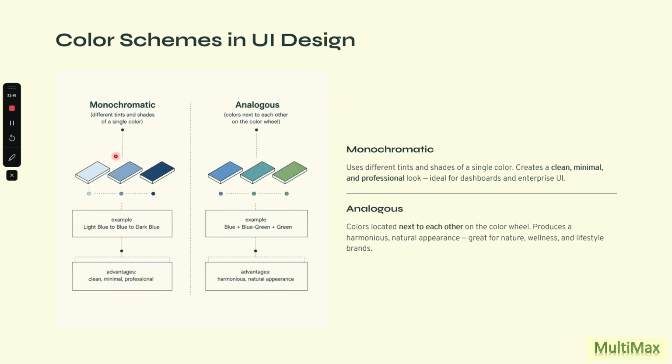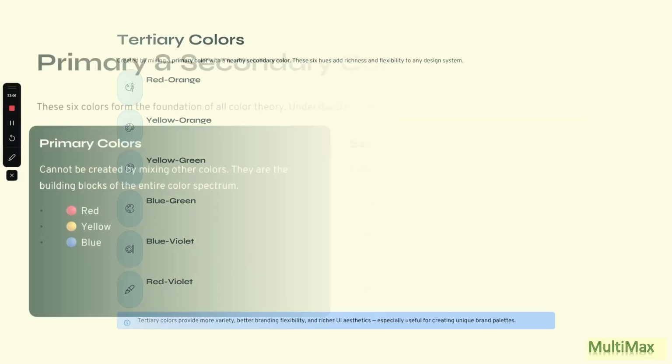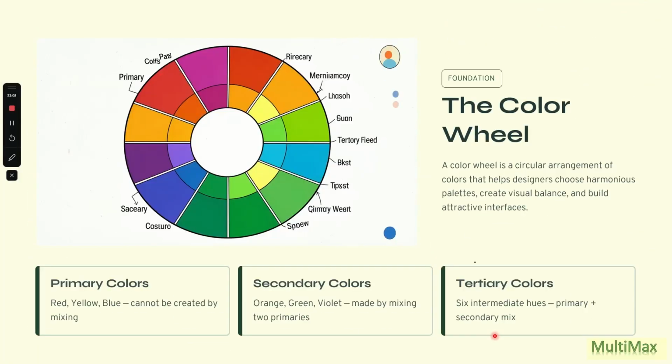Okay, so analogous is the opposite of this. Here you can see many colors. You can use a minimum of 2 colors and a maximum of 5 colors.